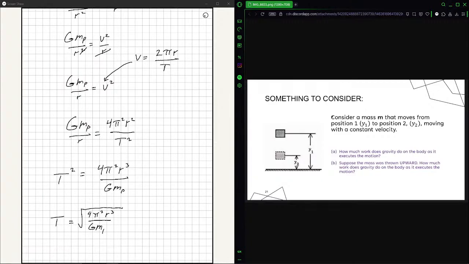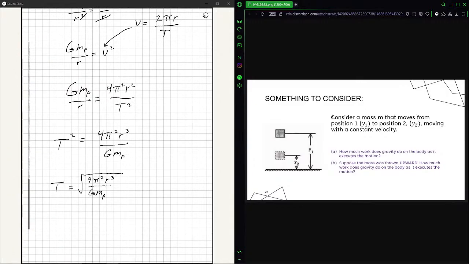Two really important things to know about this: the period of revolution is not dependent on the mass of the satellite, only the mass of the planet. And you also want to know that the period of revolution is proportional to r to the 3/2, the square root of r cubed.